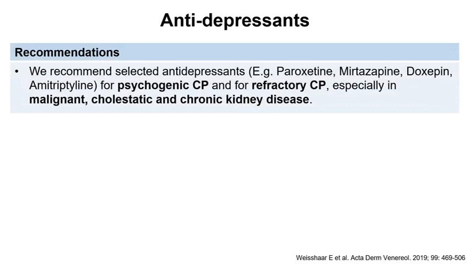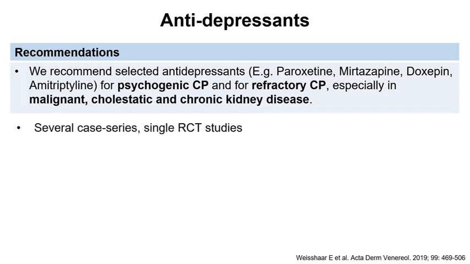As a monotherapy, it's a little bit difficult to apply them and to achieve a full remission of itch, but we usually combine them together with gabapentinoids, and then they work very nicely. The guideline recommends antidepressants, and here you see which ones they suggest for psychogenic chronic pruritus and refractory chronic pruritus, especially in malignant cholestatic and chronic kidney disease.